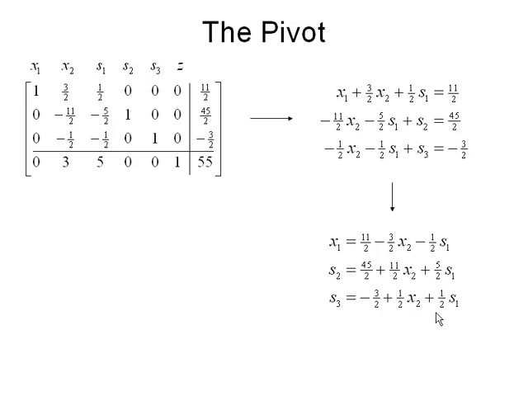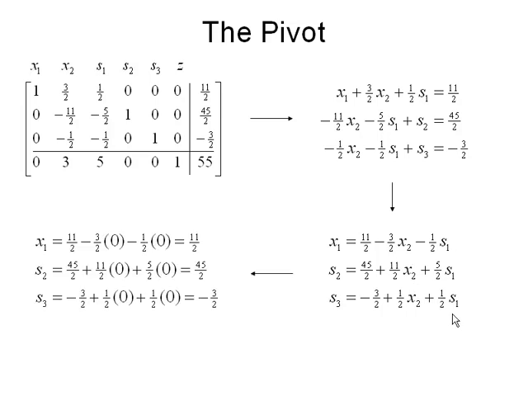Remember, I get to pick two of these variables to be anything I want, and they're my non-basic variables. I'm going to set both of those equal to 0. When I do that, I get that x sub 1 is 11 halves, s sub 2 is 45 halves, and s sub 3 is minus 3 halves.